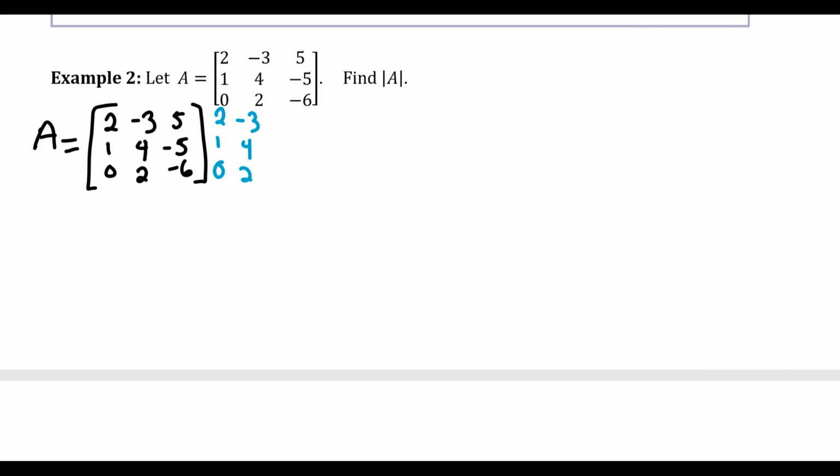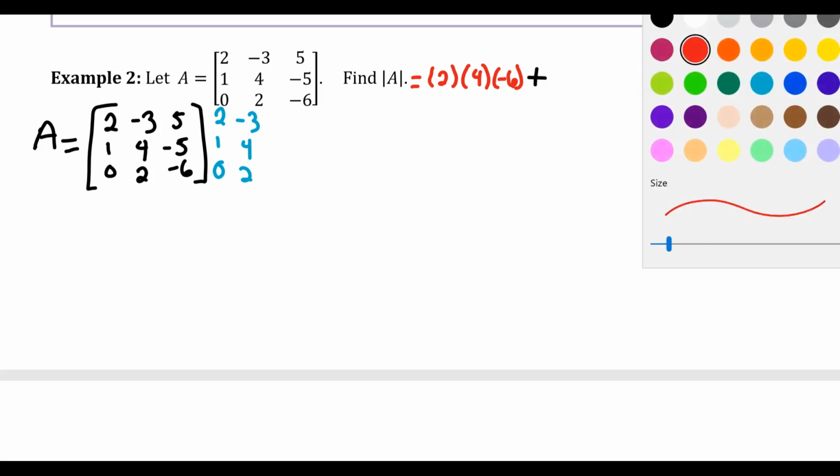I'm going to take 2 times 4 times -6. And since I'm still on the forward diagonals, I'm going to do plus.